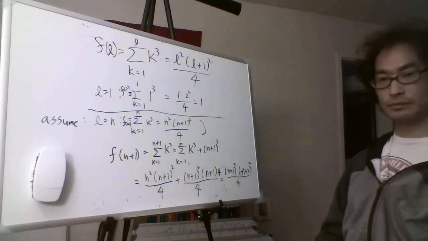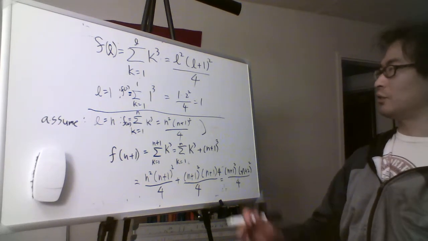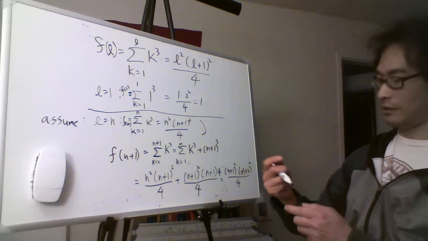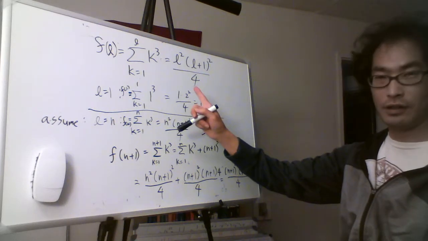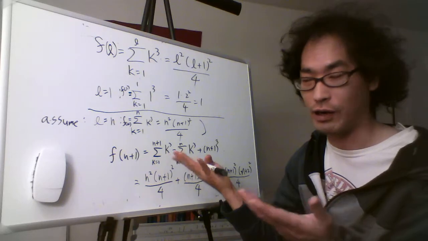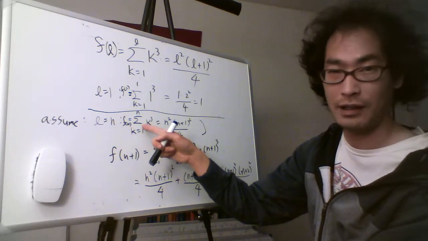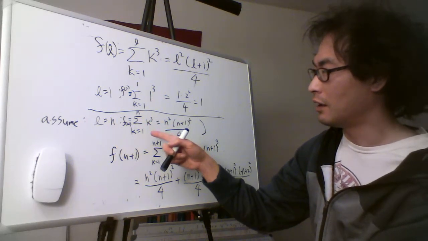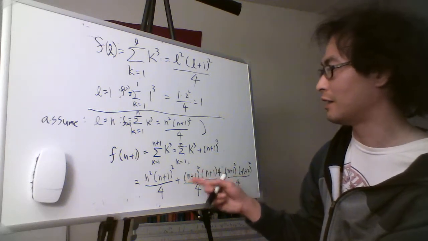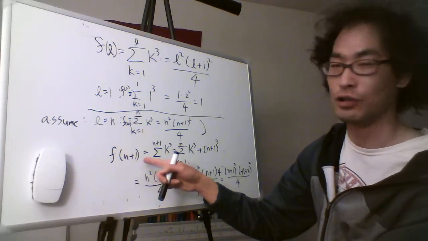Okay, mathematical induction, we got it. It's like this. If this formula is correct for L equal to 1, we got that. We have the initial groundwork, foundation, right? And if we assume this formula is correct for L equal to n, then we prove that this formula is also correct when L is equal to n plus 1.